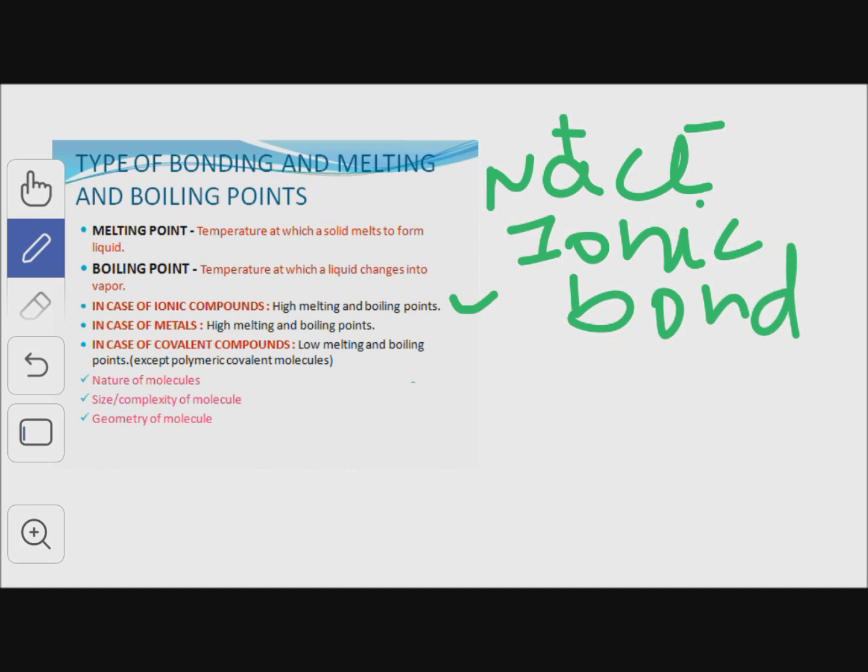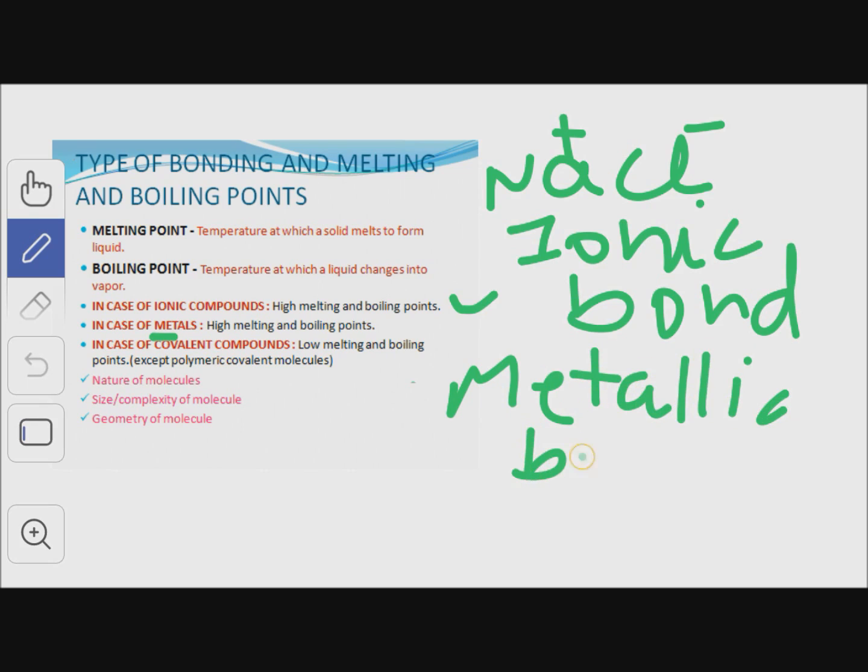Next, in case of metals. Metals have metallic bonds. These are also strong bonds. And stronger bonds require more energy to break. That's why their melting and boiling points are high.